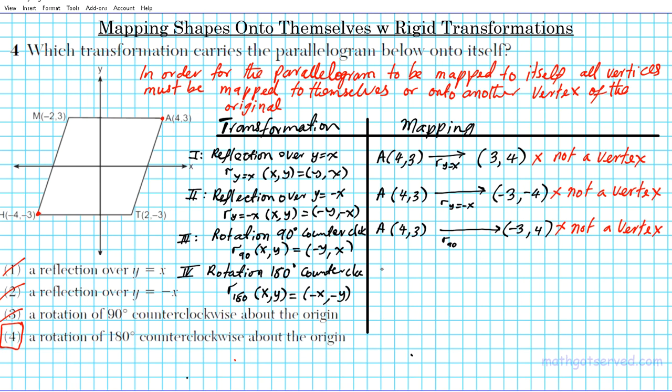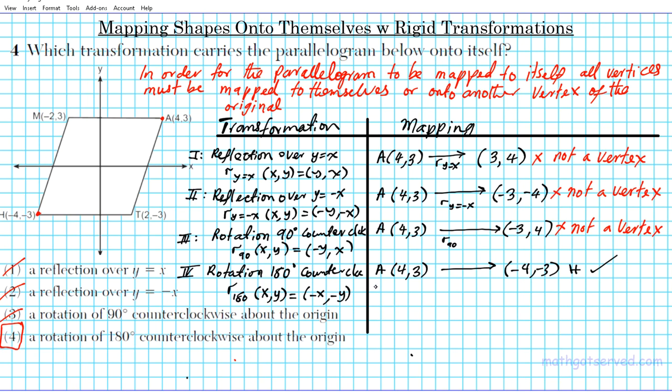Okay, so to do that, let's apply the procedure to the points. If you apply a 180 degree rotation to 4, 3, that's going to give us negative 4, negative 3. Do we have that here? Yes, point H. That's a check. Good.